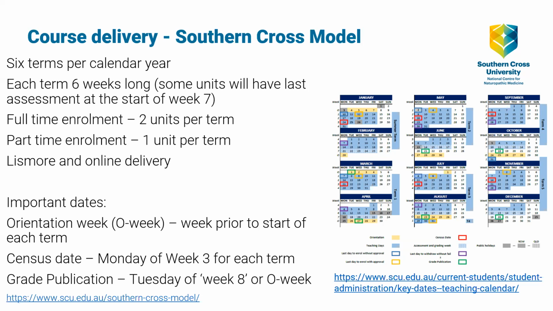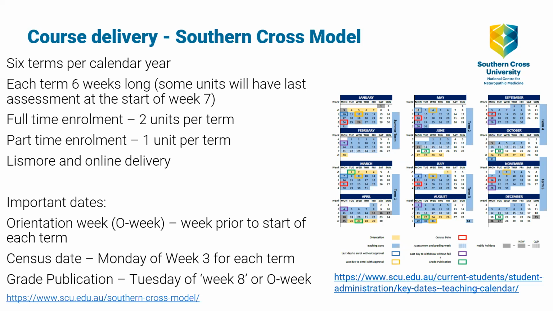On the right, you will see an example of an academic calendar that represents 6 terms. Important dates to remember for each term include Orientation Week, or O Week, which is a week prior to the start of each term, here seen in yellow highlight; Census Date, which is Monday, week 3 for each term, in the red box; and Grade Publication, which is a Tuesday of week 8, or O Week, in the green box.